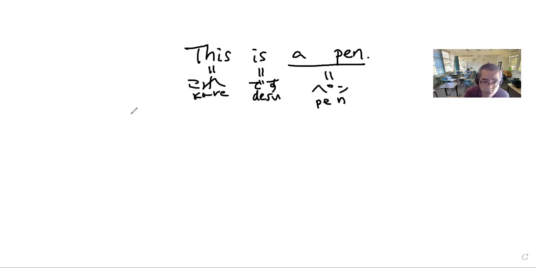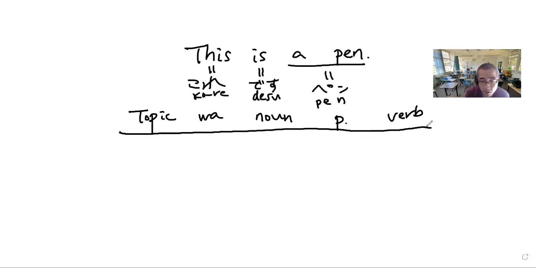Okay, a typical Japanese sentence starts with topic, followed by は, followed by noun, followed by particle, and ends with verb. Okay, topic は noun, particle, verb. Those are the typical Japanese sentence structure. Of course, there are many variations, but let's get used to the foundation.